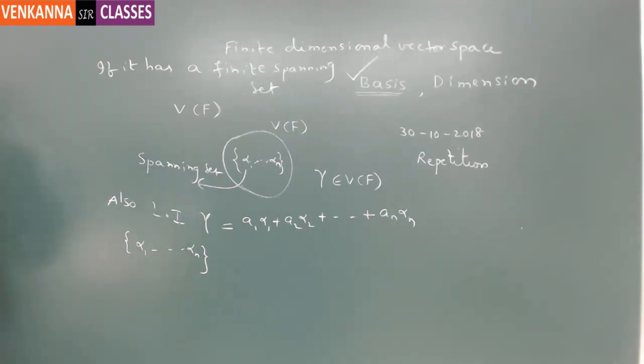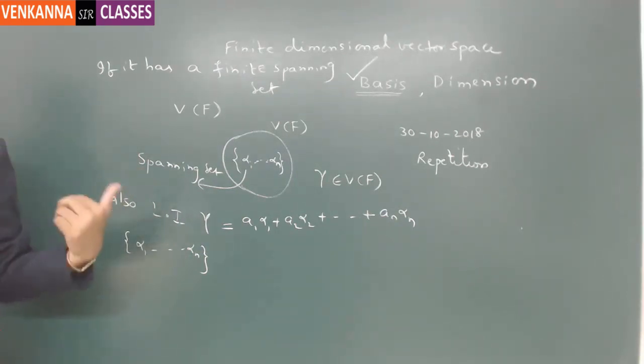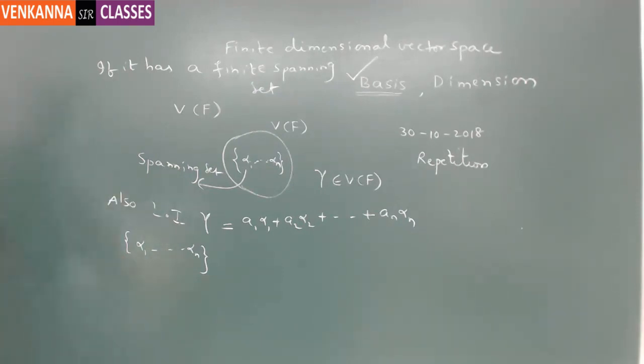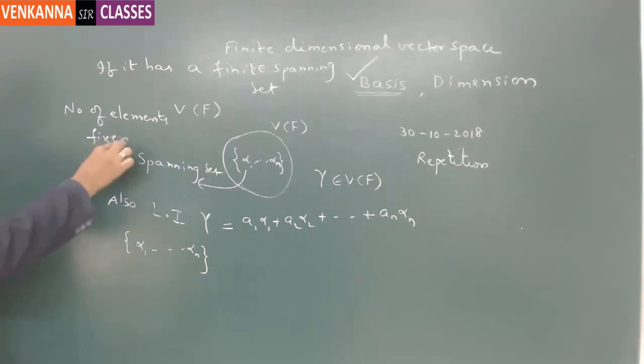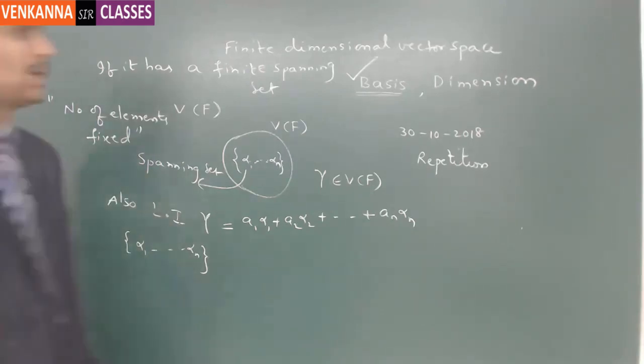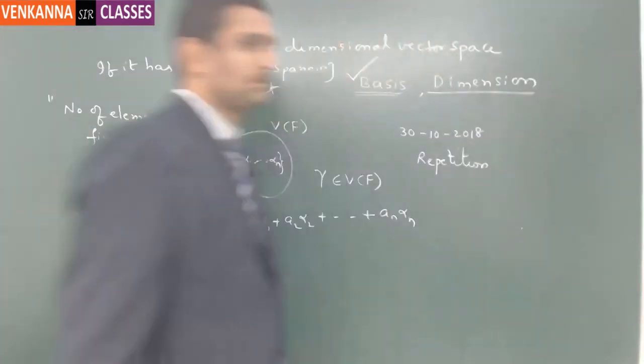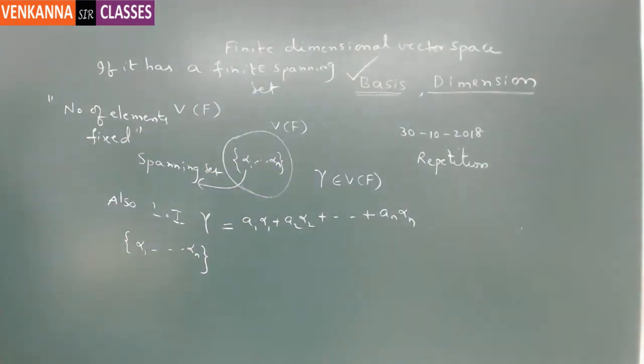So whatever basis you consider, the elements may differ, but the number of elements is fixed. The number of elements in any basis, we call it the dimension. Okay, so please take a note of that.